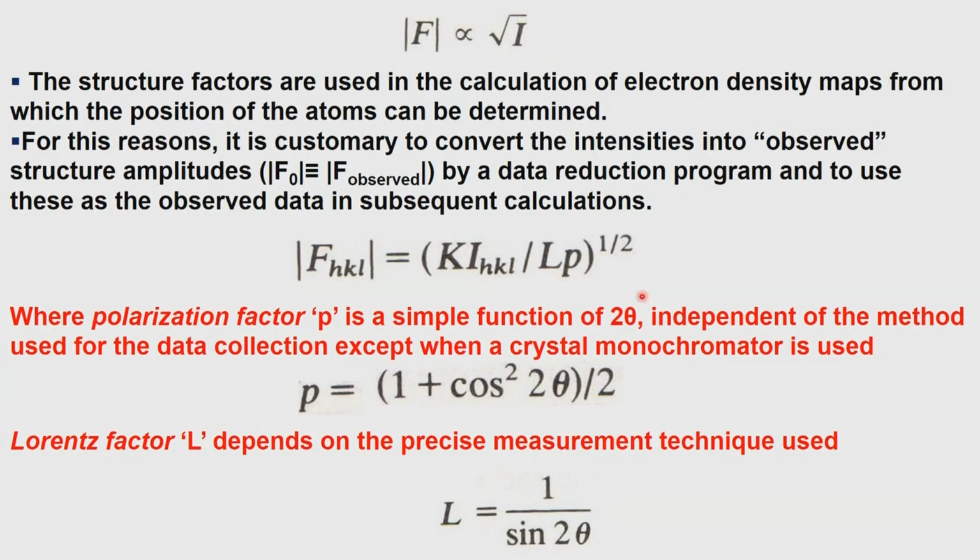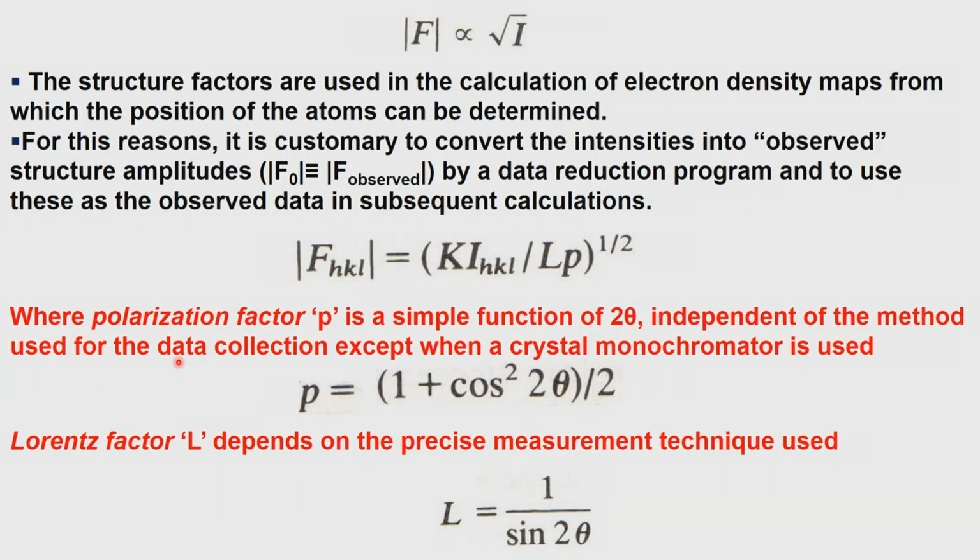The polarization factor depends upon the incoming radiation and the scattered radiation and is a simple function of 2 theta. So, we can correct this, P equal to 1 plus cos squared 2 theta divided by 2. This is independent of the method used for data collection, except when a crystal monochromator is used. We will not go into the detail of it, except to tell that this polarization comes up due to the fact that when the X-ray radiation is coming, it is unpolarized.